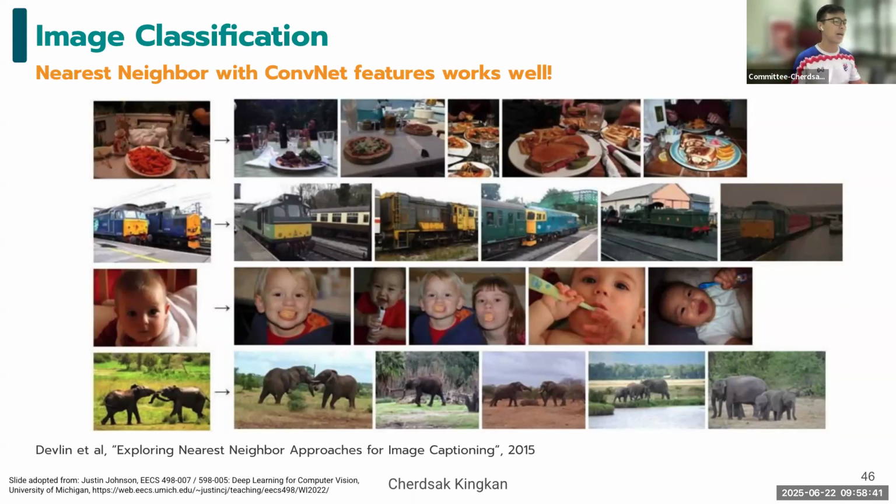So you pass your image into a convolutional network, and then you get a feature vector. You feed that feature vector into a nearest neighbor to compare with the training samples. That's going to work very well.